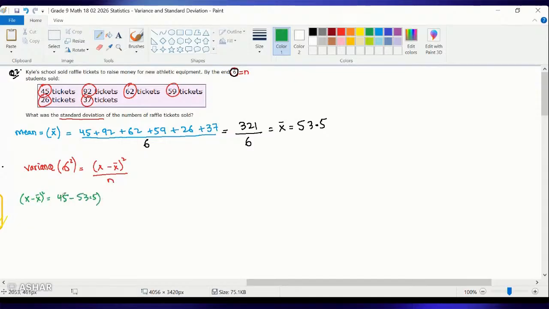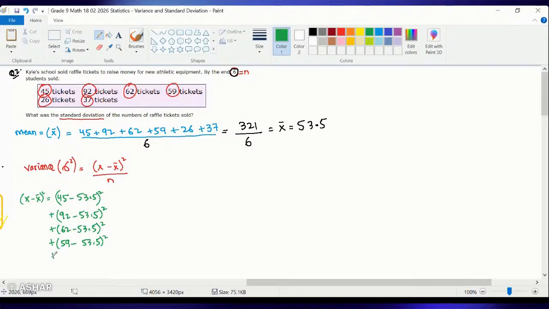53.5 squared. I can do it next to each other also, plus, I'm trying to save space. If I'm trying to save space, I can do a horizontal working also. 92 minus 53.5 squared. The next one is 62 minus 53.5 squared. 59 minus 53.5 squared.